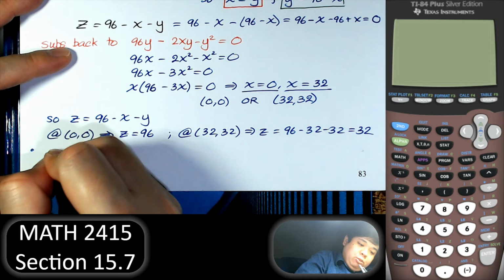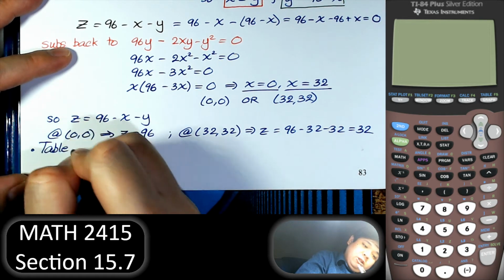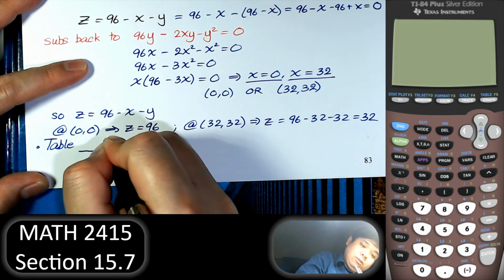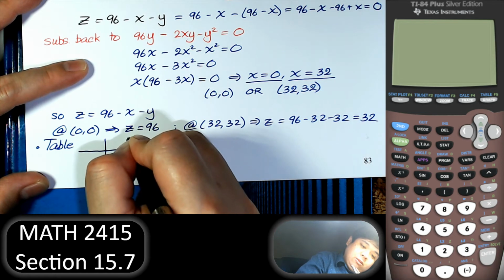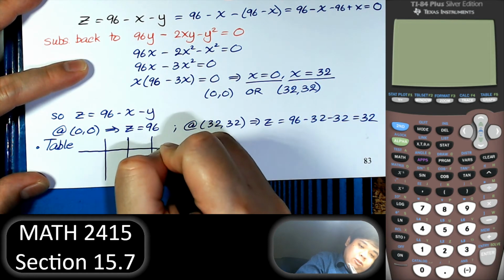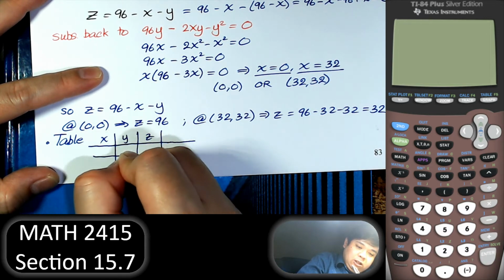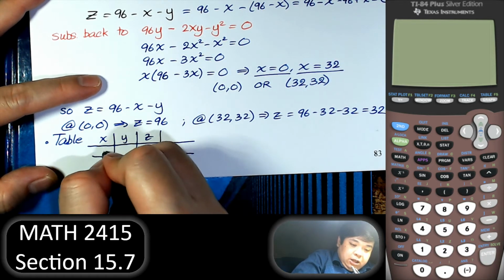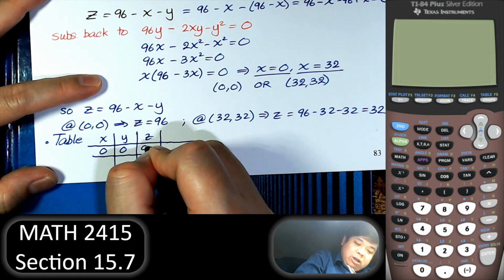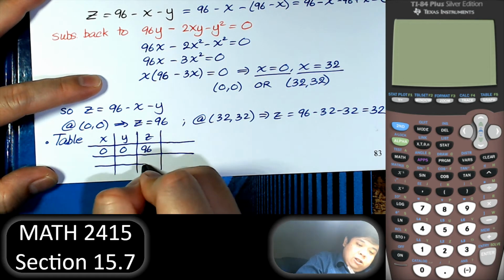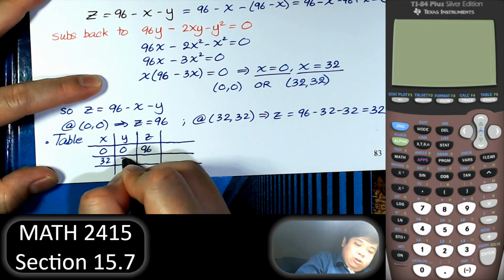And finally, we put in the table x, y, z. X equal to 0, z will be 96. All of them is 32.